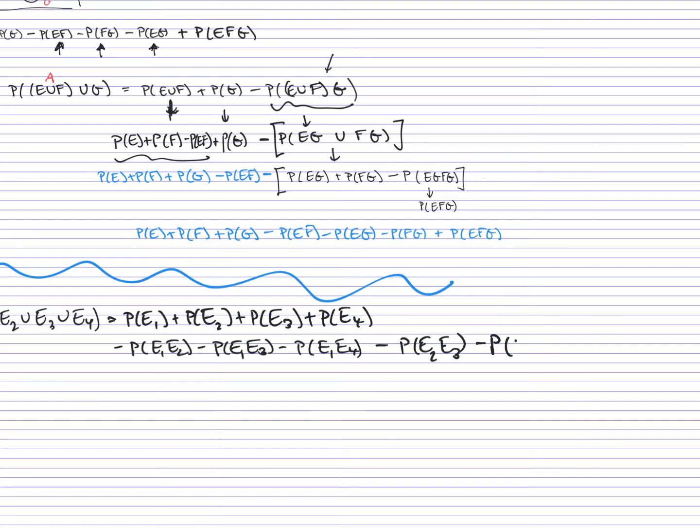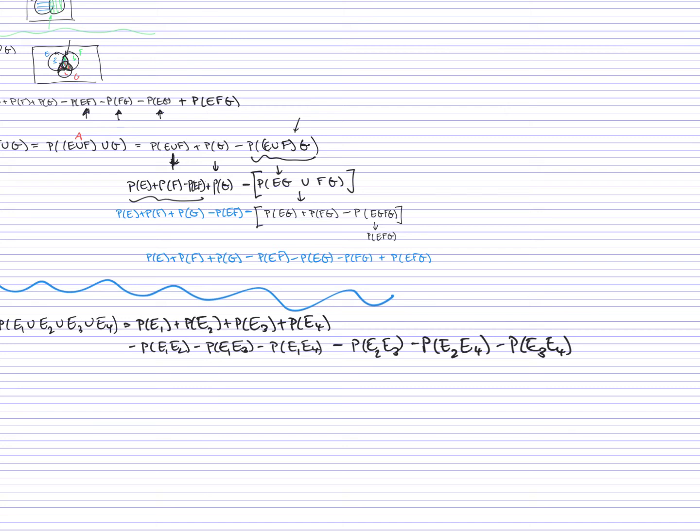So we've got to have some systematic way of doing this. E2E4, and then lastly, E3E4. Now the question is how many intersections did we have here that we actually had to subtract, right? Well, we had 4 different sets, and what we have here is, I think 6, right? 6 sets of intersections. Really what we had is, of the 4, choose the pairs, and 4 choose 2 is 6. So we had 6 pairs of intersections.